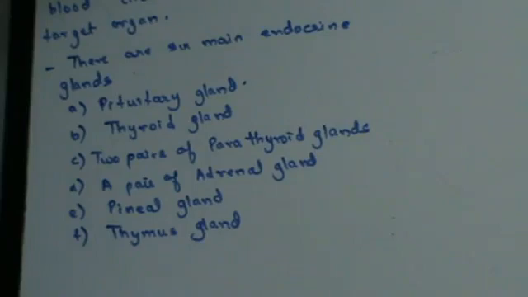So these are those 6 ductless glands which secrete the hormones which are directly released into the bloodstream and can directly reach the target organs. Right?